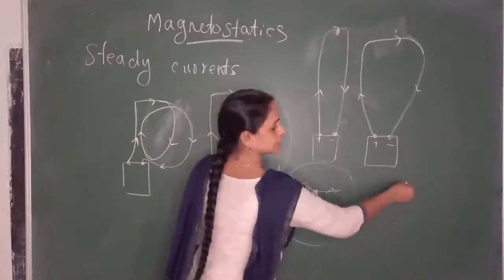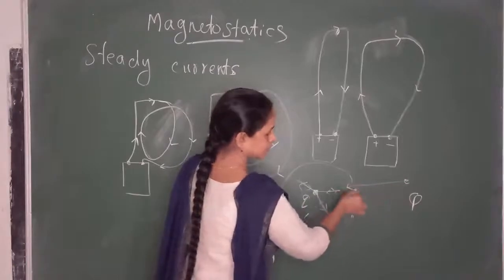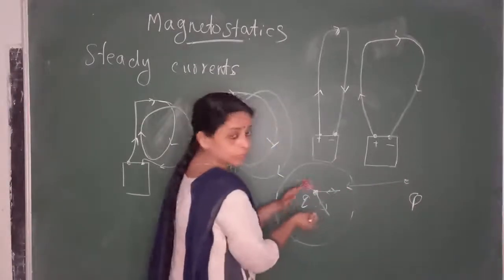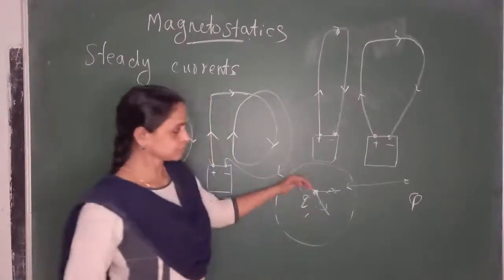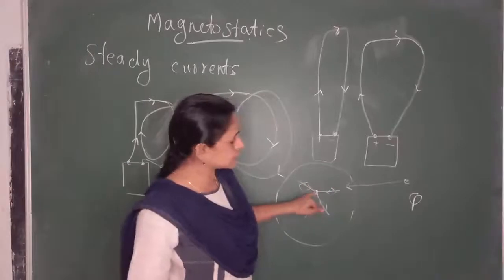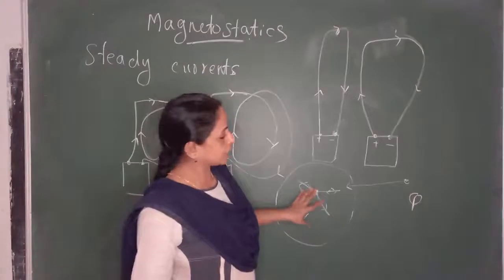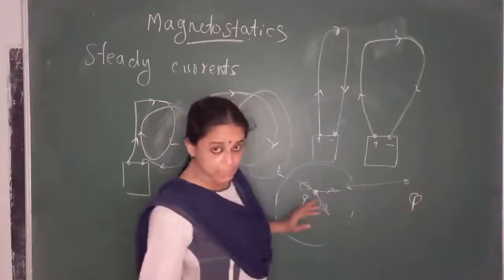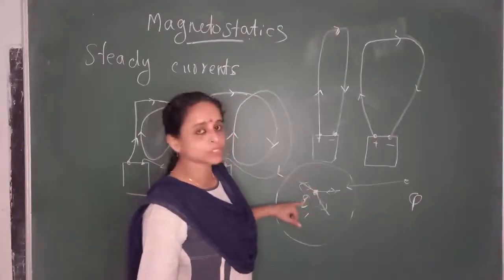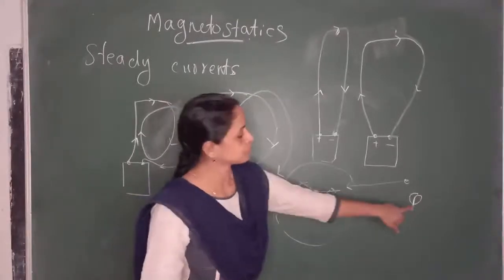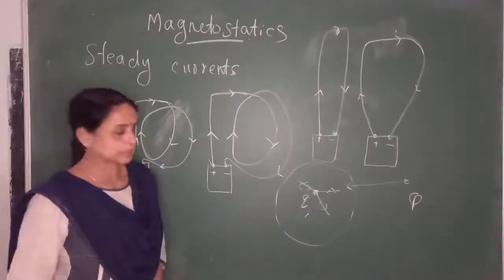So when we take a test charge Q in this field, it will experience a force due to the field of the source charge Q1, and this charge also will exert a force due to its own field. This is the case of electrostatics.